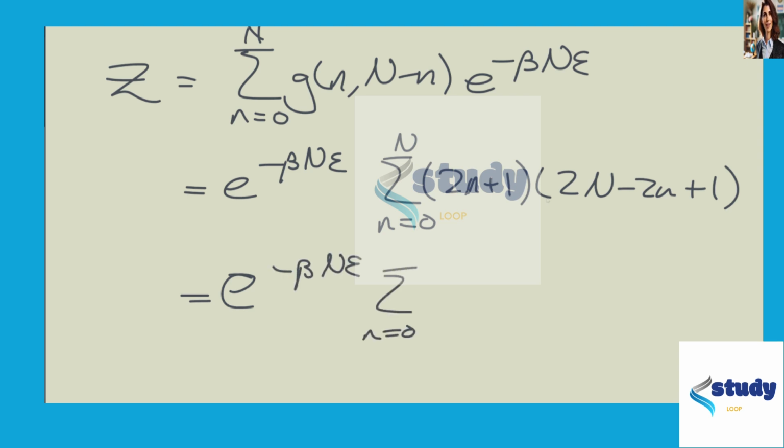It's the sum from n equals 0 to big N of minus 4n squared, plus 4nN, but then we're going to get a minus 2n plus 2n, so that doesn't give us anything. But then we get the plus 2N plus 1.